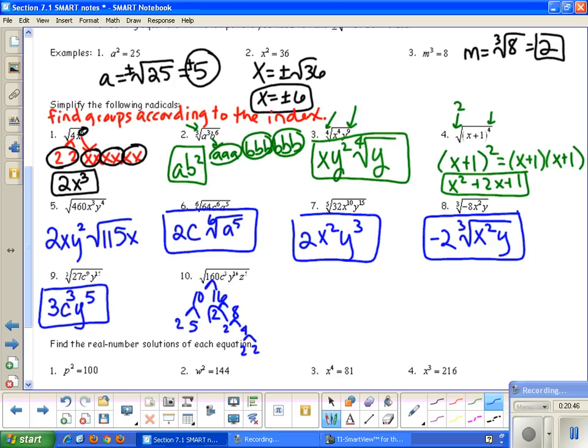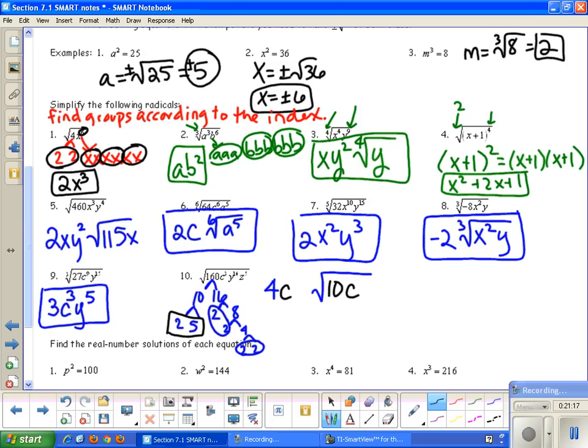So I'm looking for groups of 2. I have 2 here and here, so that would go on the outside. So 2 times 2 gives me 4 on the outside, or the square root of 16 is 4. Then that means underneath my square root, I have left these numbers here, which I have to multiply back together. So 2 and 5 are left, so that's 10. That did not come out. And then we have c to the 3rd power, so that means I can take out 1 c here, and then 1 would be left over here.